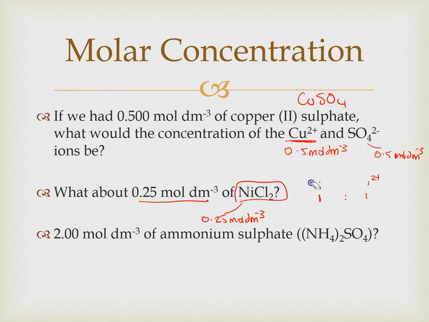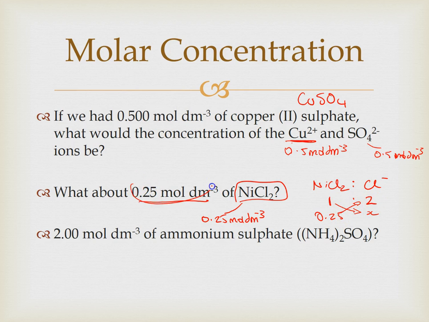So now, with respect to chloride ions, nickel chloride is to chloride ions: for every one nickel chloride, I'm going to have 2 chloride ions, which means that I will have a 2:1 ratio. So in that case, if I have 0.25 mole per decimeter cubed of nickel chloride, I'm going to have 2 times that of chloride ions.